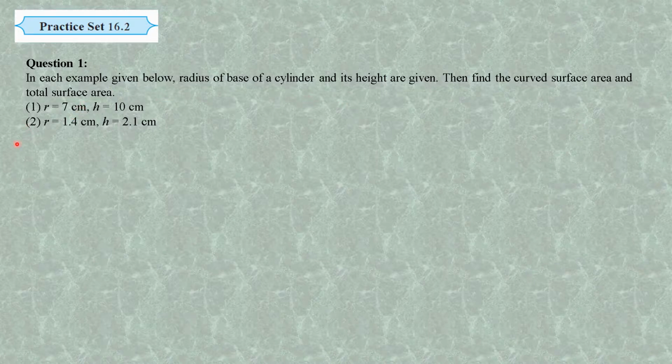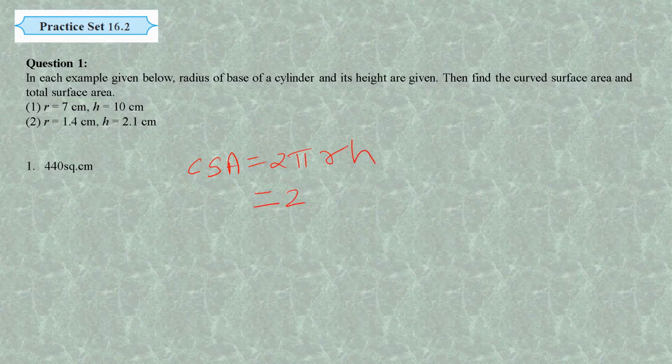So let's take the very first example that says r is equal to 7 and h is equal to 10. Here we will use the curved surface area formula, that is 2 pi rh, and if we substitute the values, 2 pi we take as 22 upon 7 into r, that is 7, into height, that is 10.